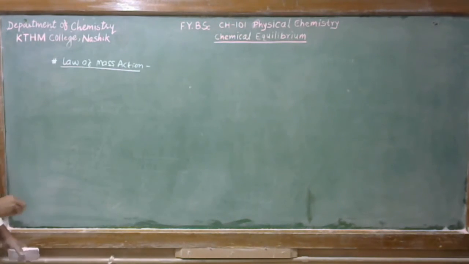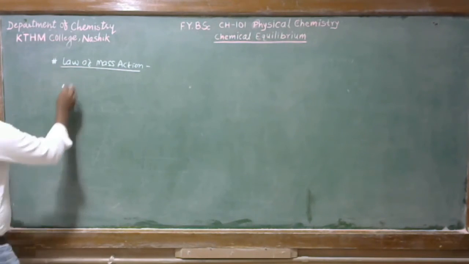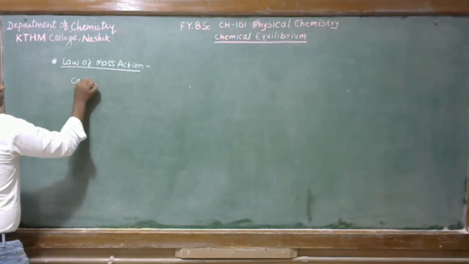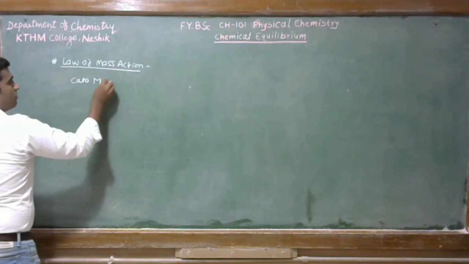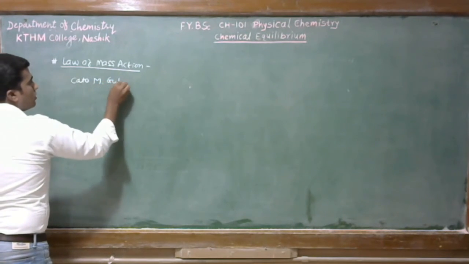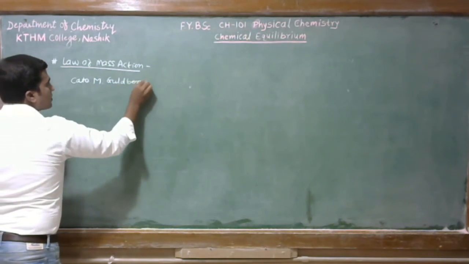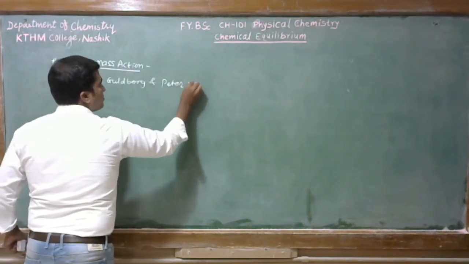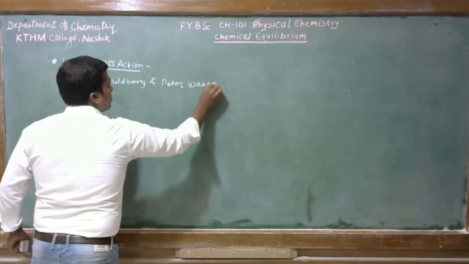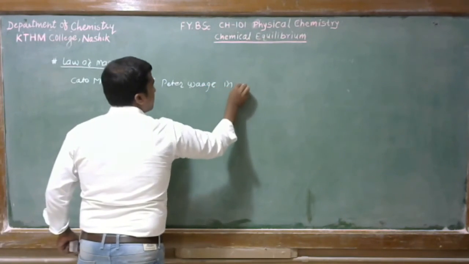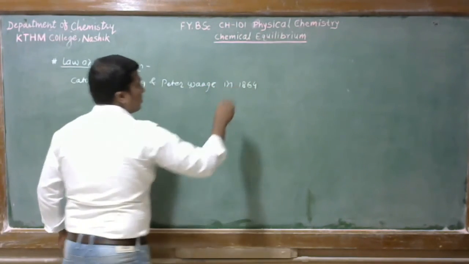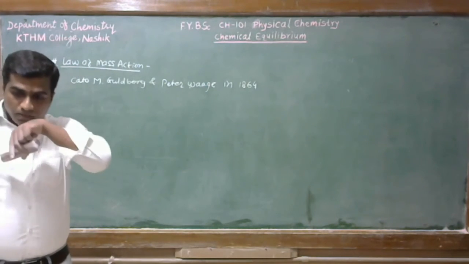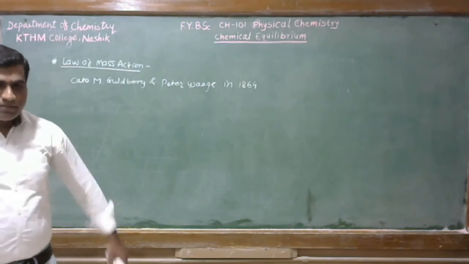So this law was suggested by Cato M. Goldberg and Peter Waage in 1864.